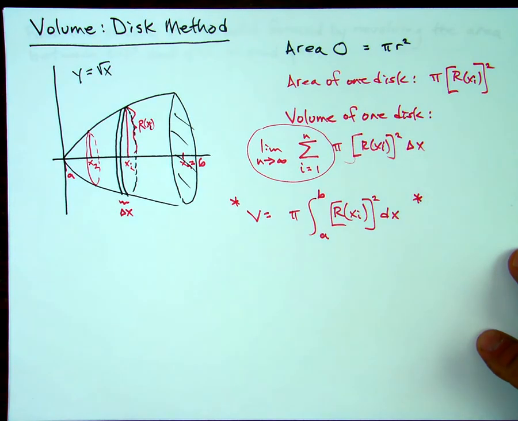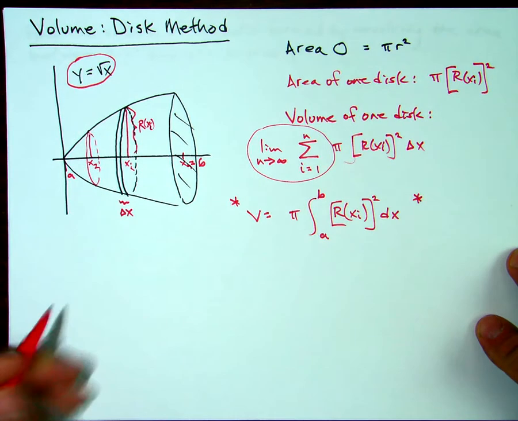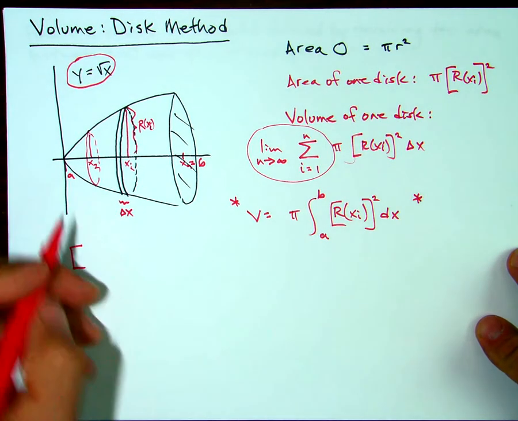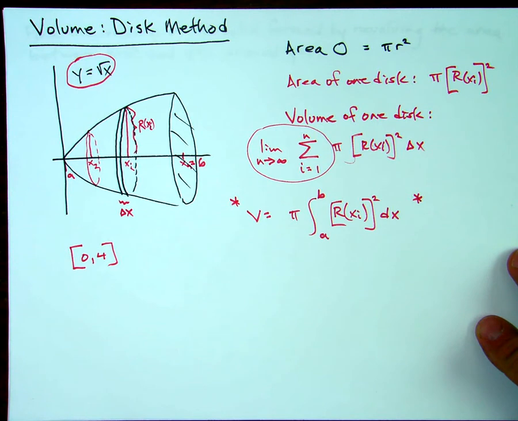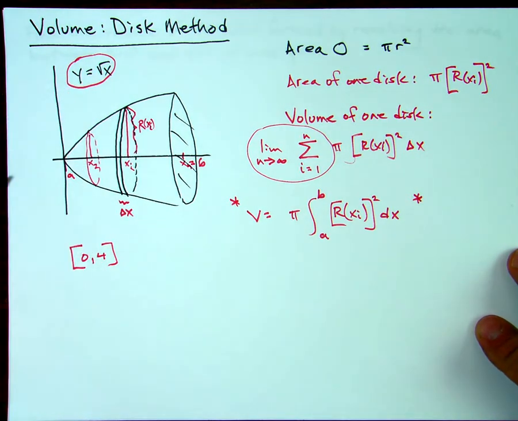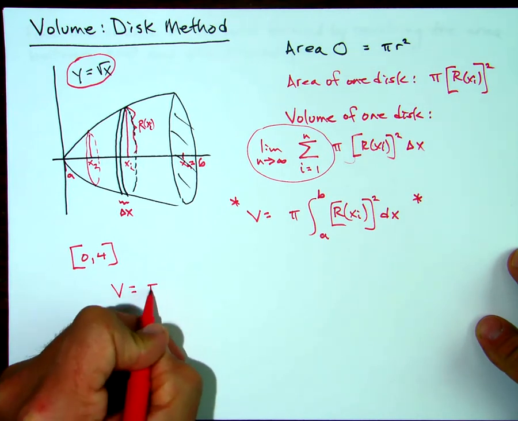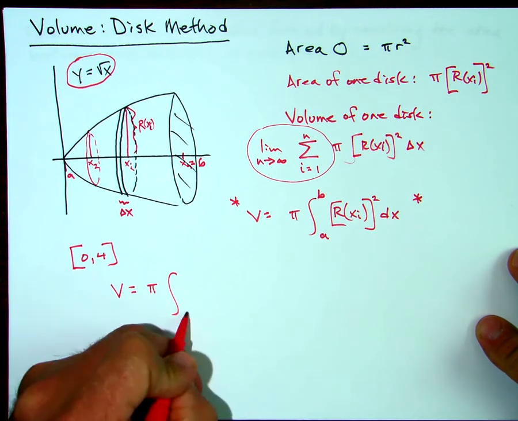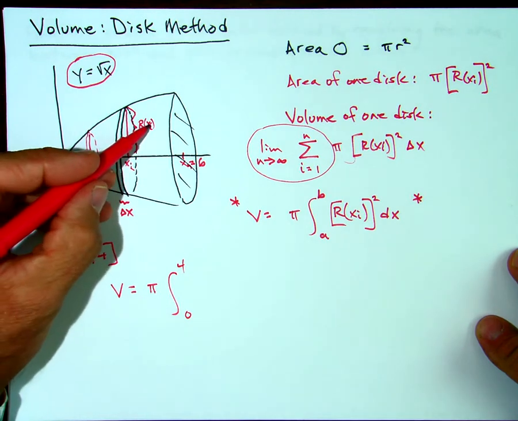So let me just give you a quick example using the specific one that we have right here. And we'll look at this if a was 0, so we went from 0 to 4 on the x-axis. What would be the volume of the solid of revolution using this particular function right here? Well, let's use our formula. The volume would be pi times the integral from 0 to 4. And what would r of x be here?